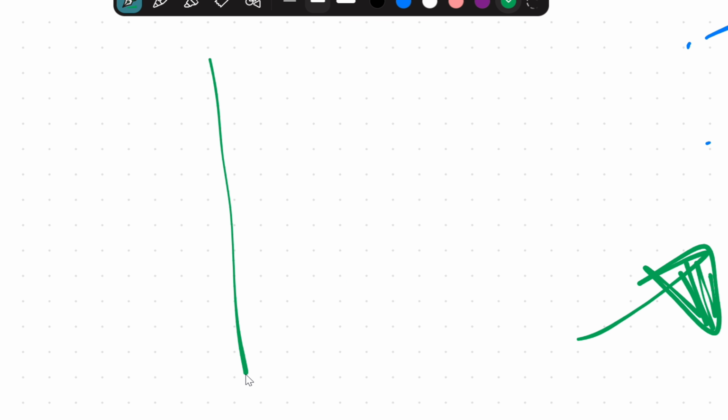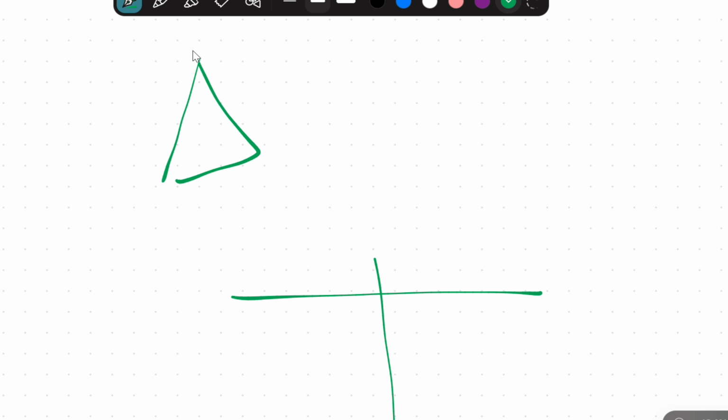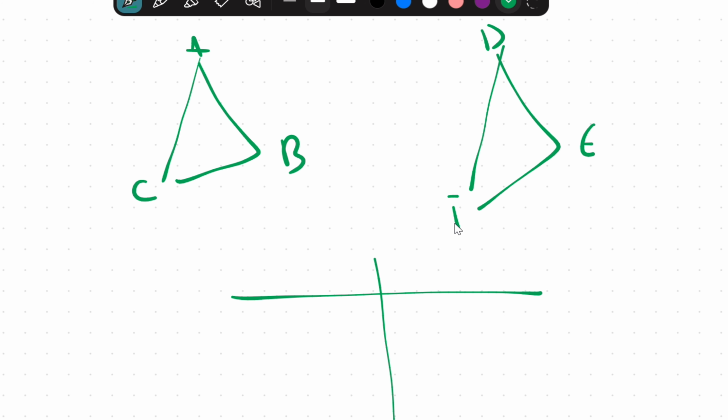For example, the way this would work is, let's say you have a statement. So let's say we have 2 triangles, ABC and DEF.